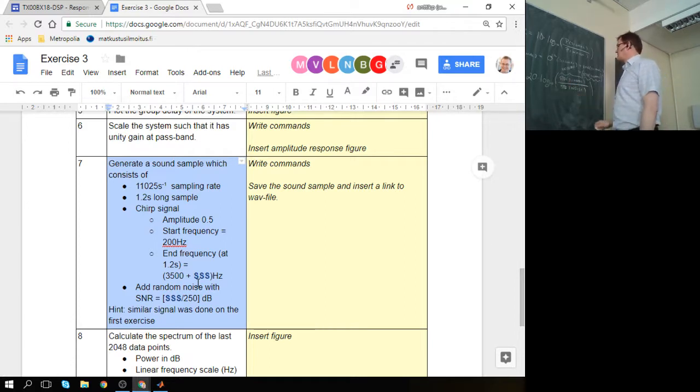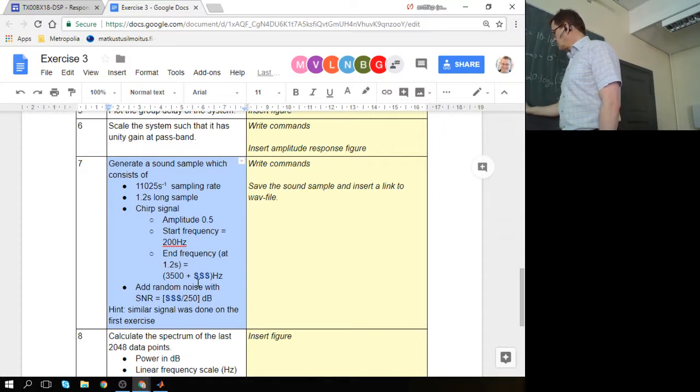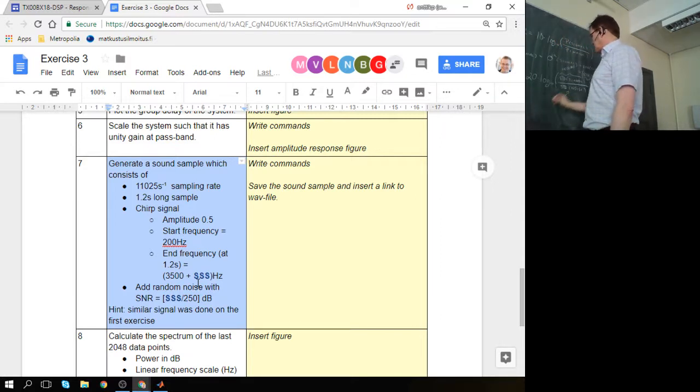So that's what you solve. And then when you generate the noise, you basically multiply the random numbers given by that generator, which is the randn, of the size of the signal.